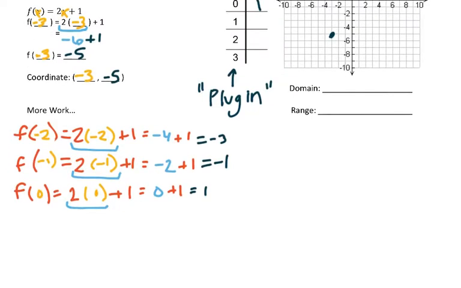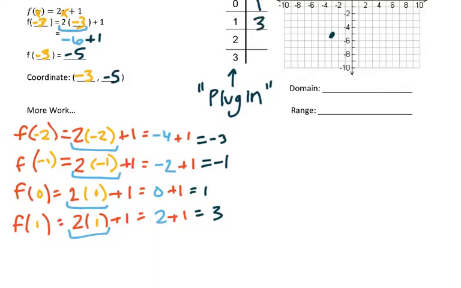So the next one is going to be f of 1. And so f of 1 leaves us with 2 times 1 plus 1, but of course 2 times 1 is 2, and so we have 2 plus 1, and that equals 3.